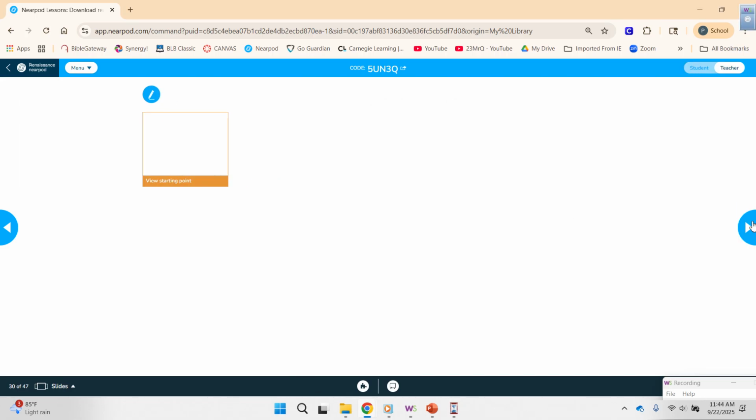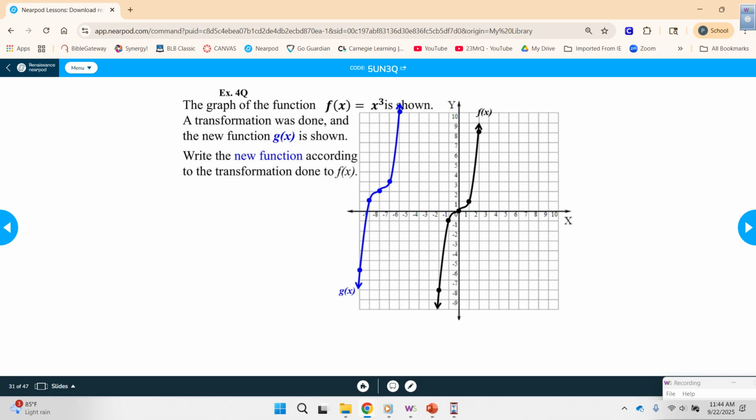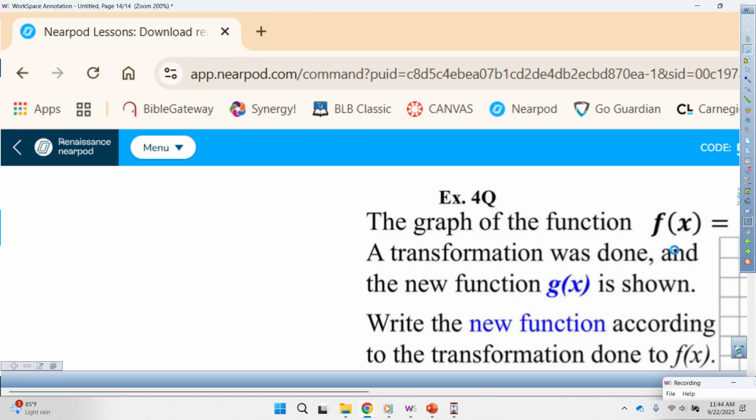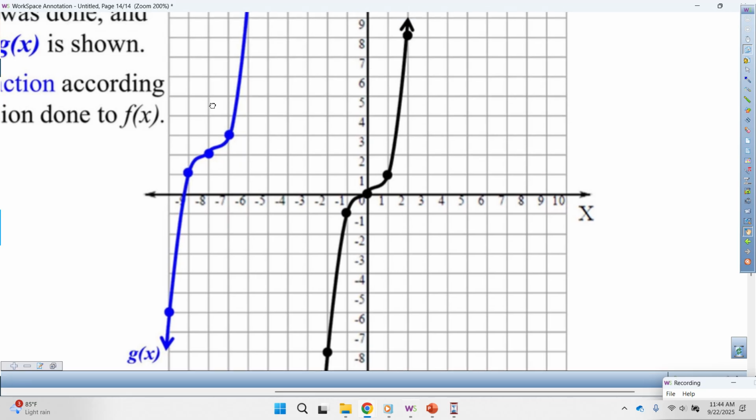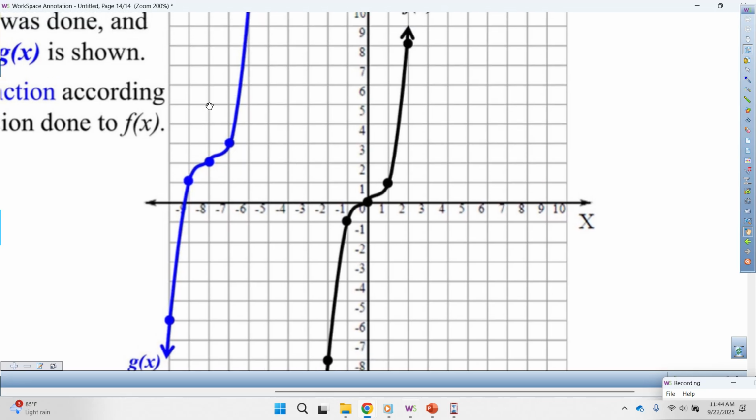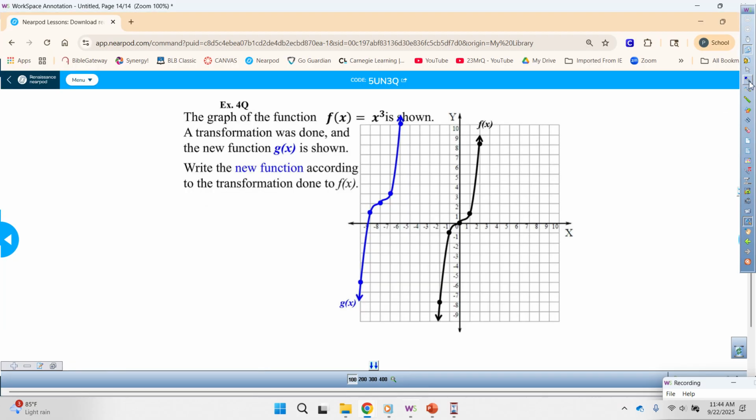Go to the new graph. Copy this one. It should be on your screen. Let me zoom in just for the points. So our original one is f of x equals x to the what?